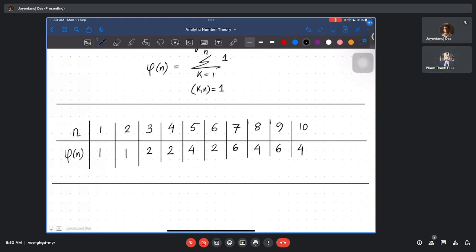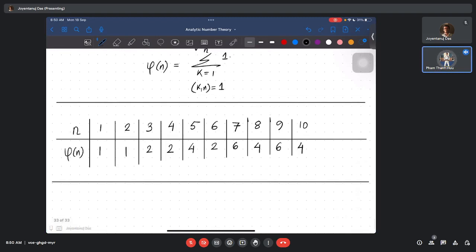So is there a maximum of phi of n? No, it can be anything, because for every prime number, all the numbers before it will work, so this number is increasing.